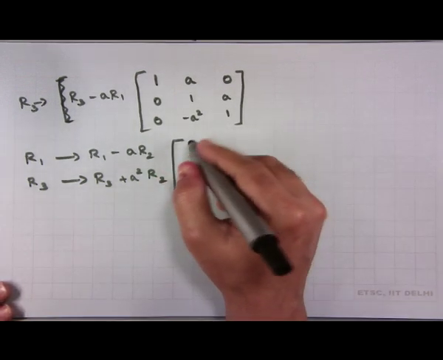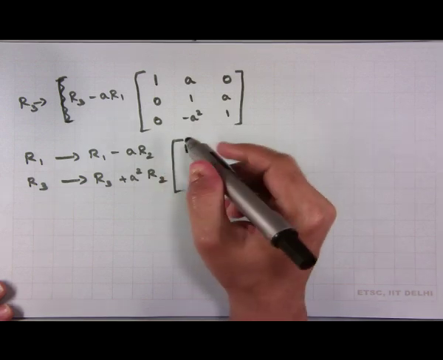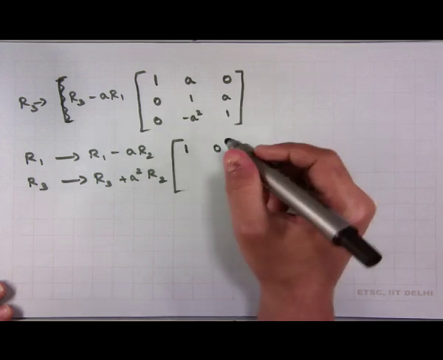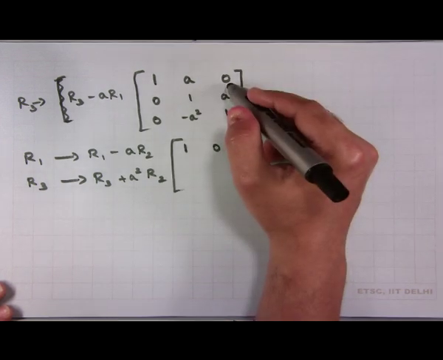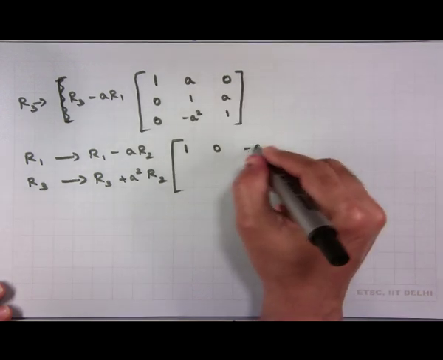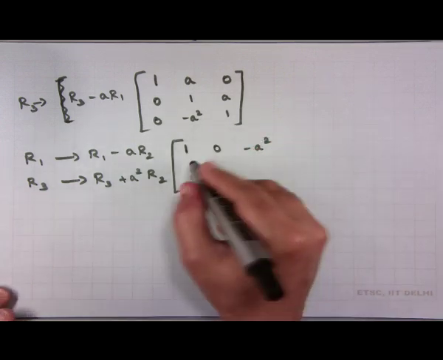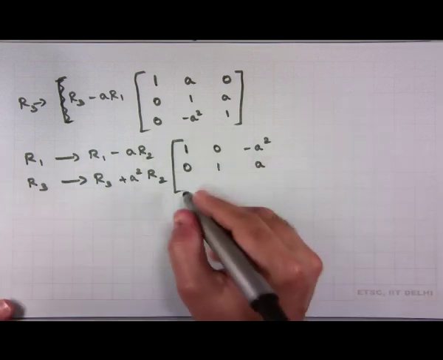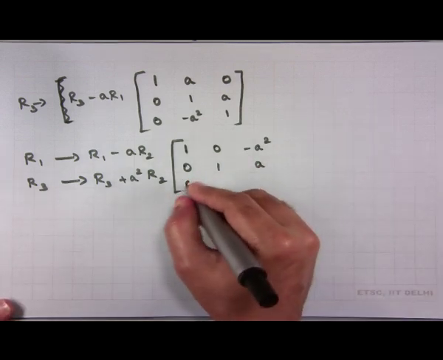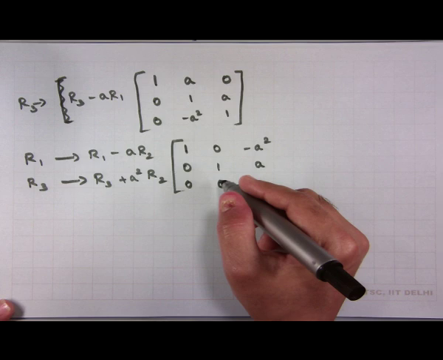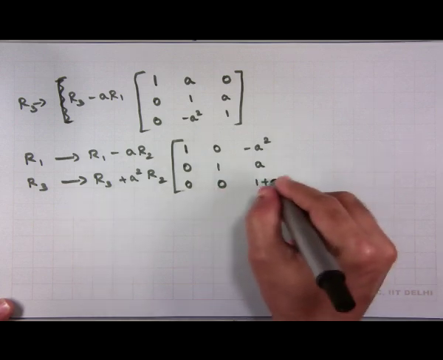First row 1, a minus a, you have 0, 0 minus a square. So, you have minus a square, second row remains as it is, third row 0 minus 0, 0, 1 plus a square into a, which is 1 plus a cube.